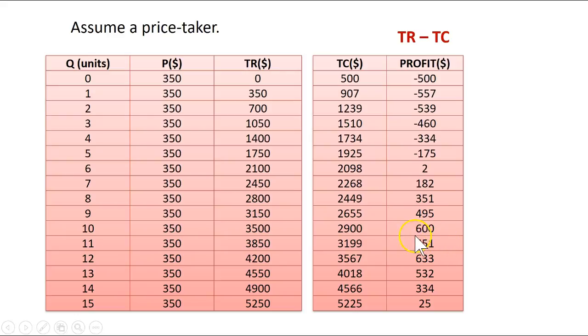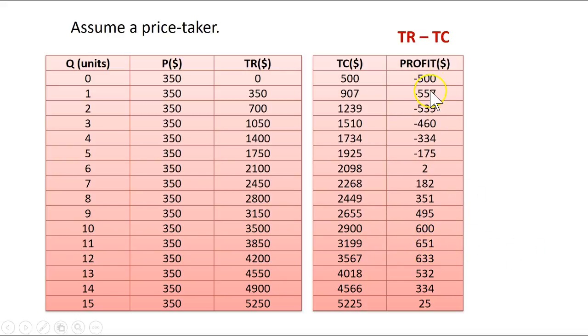So the profit being generated at 11 units of output is $651. But at 12 units of output, the profit would be lower. So it's not always the case that if you just produce more, you'll make more profit. We can clearly see here that as the firm produces more, the profit at each level starts to decline. So there is some quantity, that's not an infinite quantity, where the firm would maximize its profits.